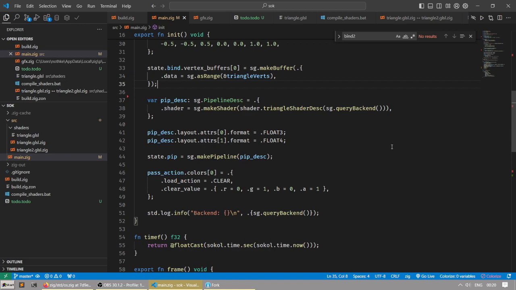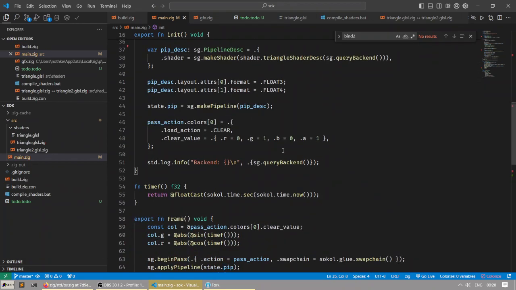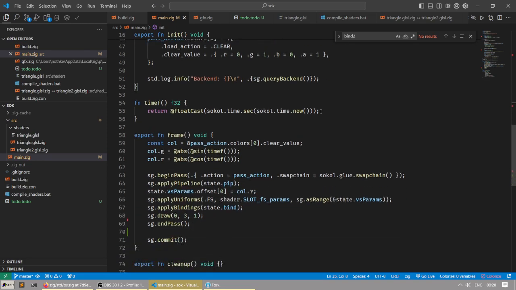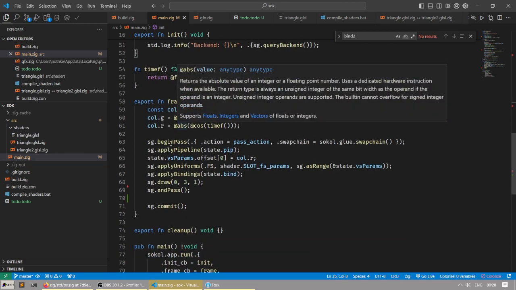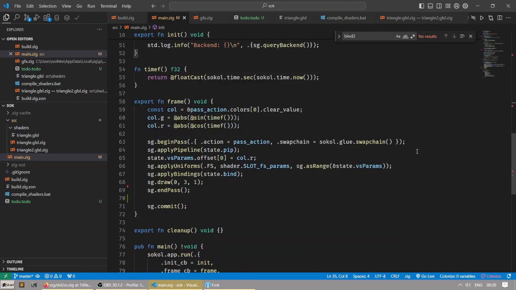I assigned formats for the attributes, create a pipeline, and this is for the colors. And when I render the frame, I begin the pass, assign the swap chain, apply the pipeline, and then I say draw.